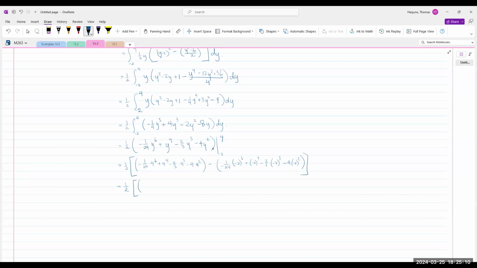I can cancel the 4, so that's 4 to the 5th, which is 1024, over, if I reduce by 4, 6, plus 4 to the 4th, 16 squared is 256, minus 64 times 2, 128 over 3. I'm sorry, it should be minus here. Minus 64.